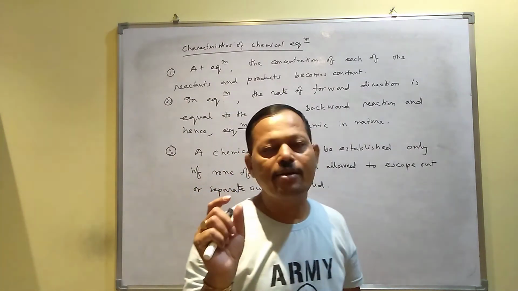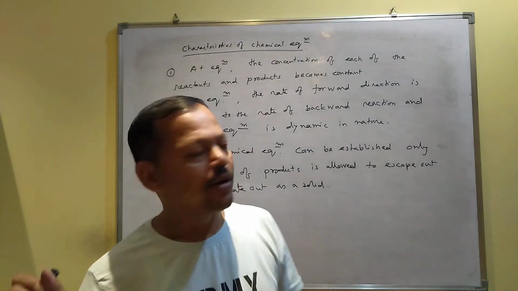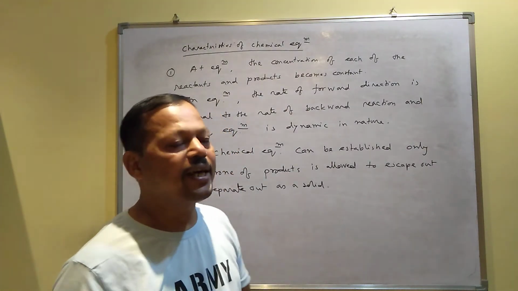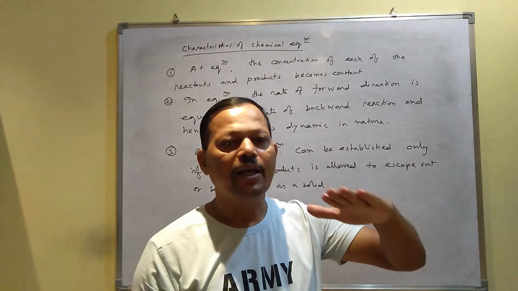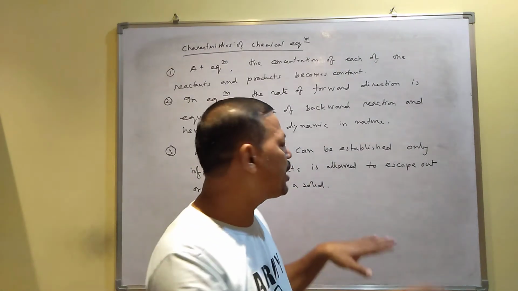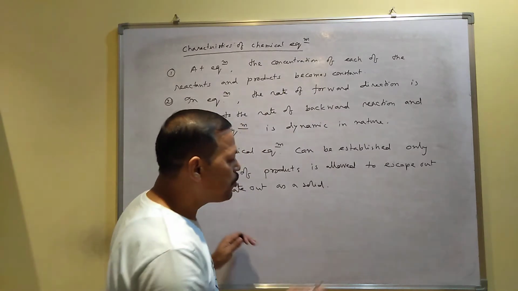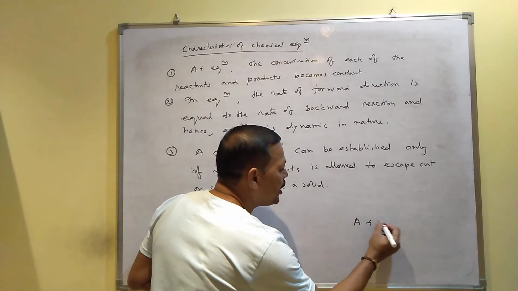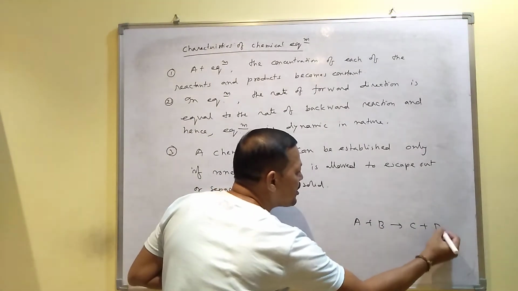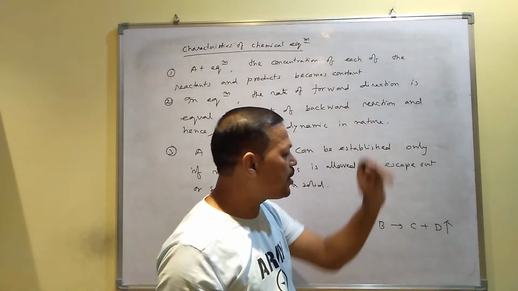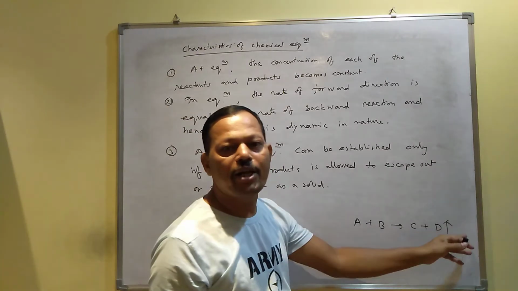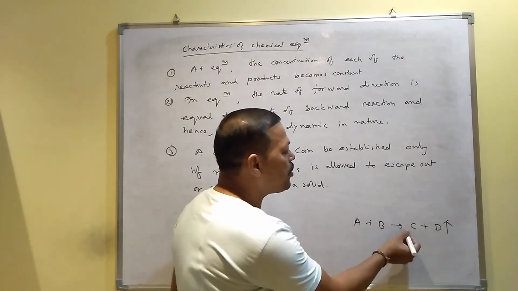So there are a number of reactions in which some gases are produced. In that type of case, you have to carry out the reaction in a closed vessel. Otherwise, you don't get the equilibrium. Because suppose A and B react, they produce C and D. Suppose D is a gas, it goes out. When D goes out from the container, then C cannot react with D. Ultimately, you don't get the backward direction.